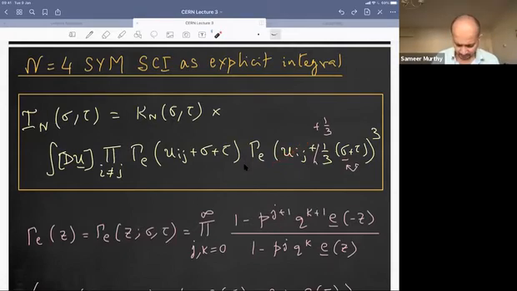Let me say it again. Take a fixed tau and sigma, and then put uij equal to 0. Then you find that the whole index vanishes, and the 0 comes from this part of the function.